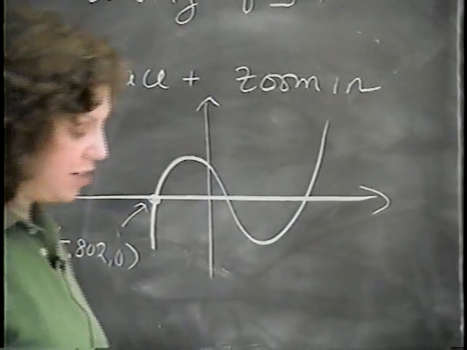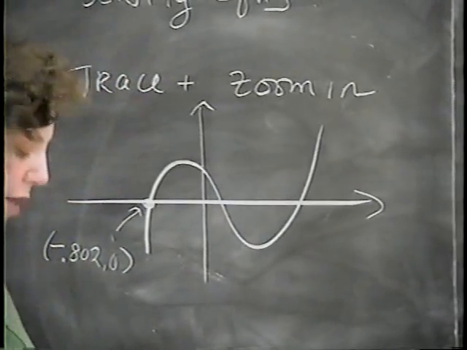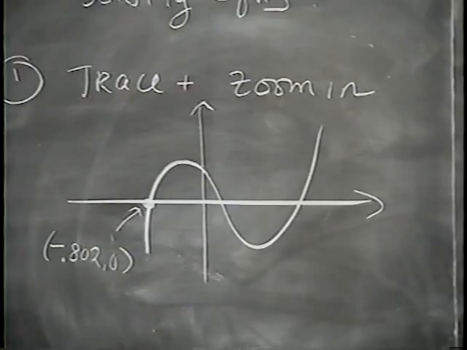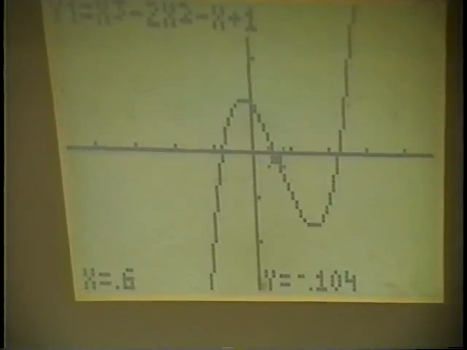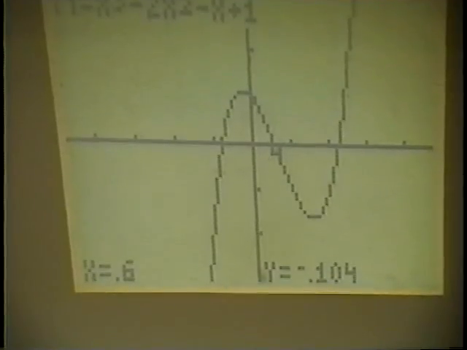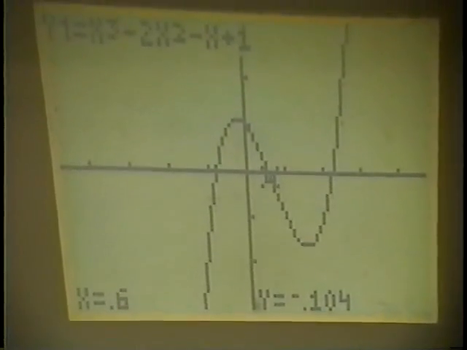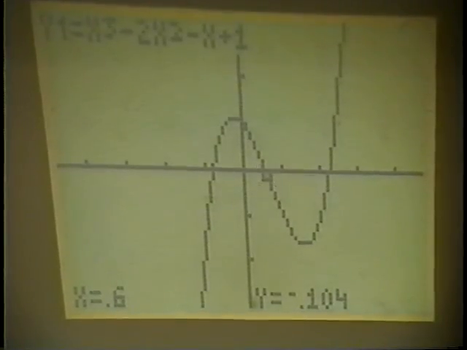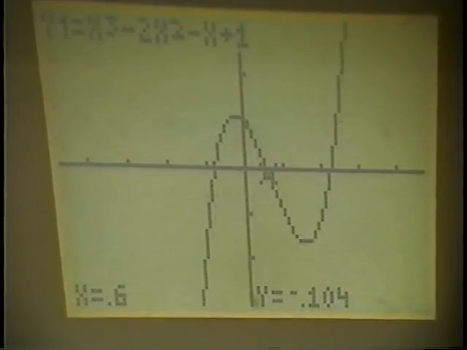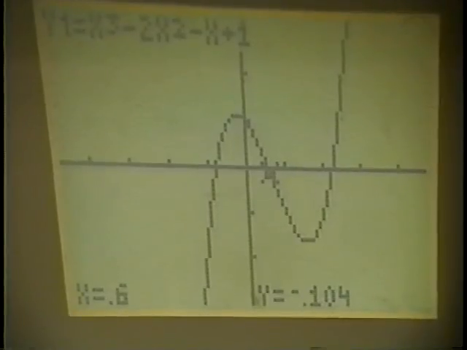And in a similar fashion, it's tedious, you would then move your trace key closer to this root, and you would again hit zoom 2 enter repeatedly until you get approximately what that root is. And it turns out you can practice this, and this turns out to be approximately 0.555.